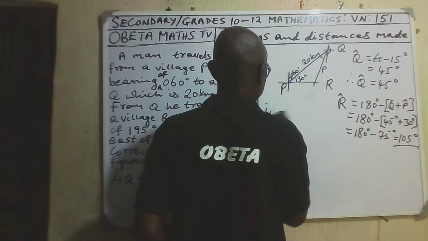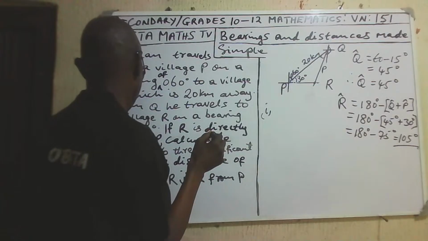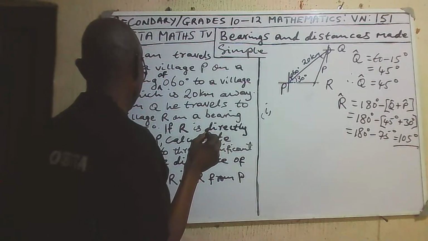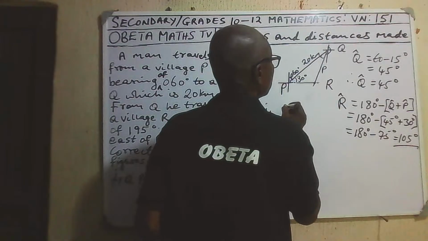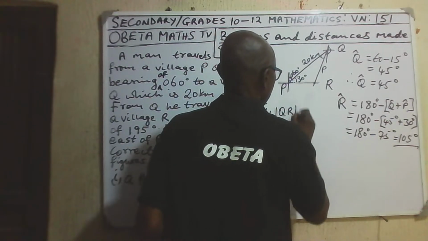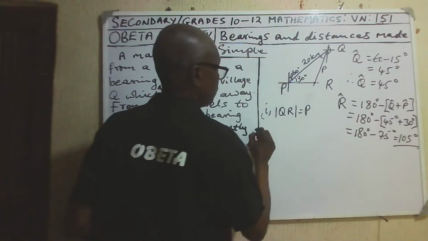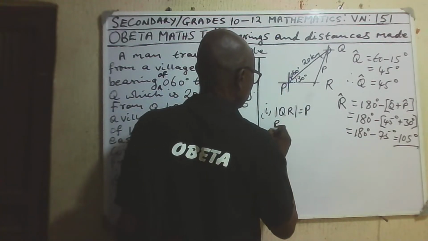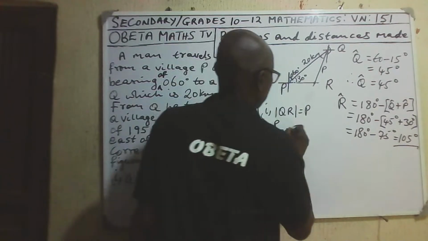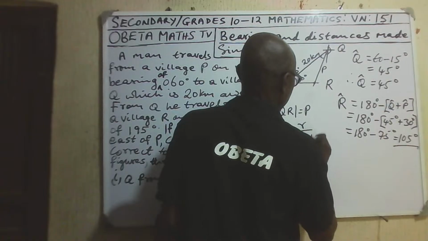So question 1, the distance of Q from R, so we are talking of QR, which is the same thing as small p, and p over sine P is equal to r over sine R.